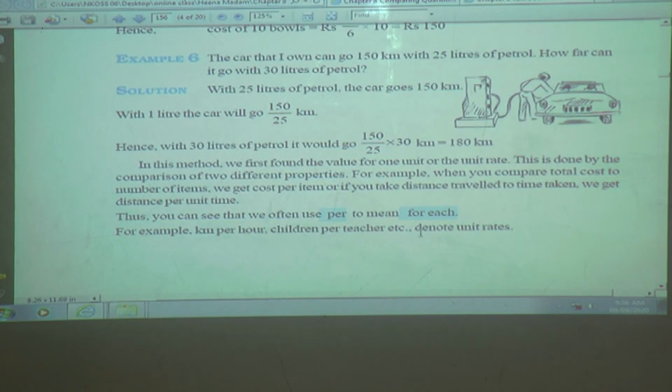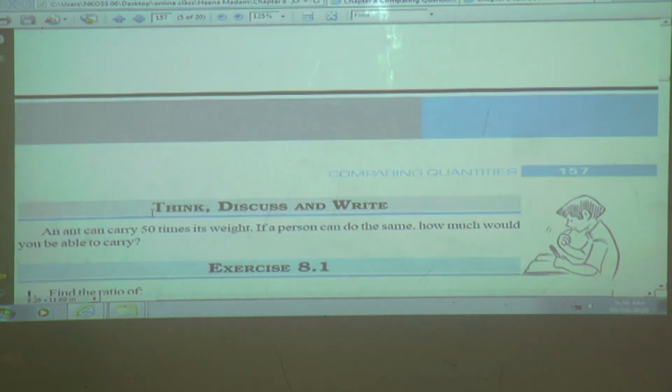Kilometer per hour we write as km per hour, and children per teacher is the number of children to 1 teacher. So per means for each. Each means 1 item, or 1 thing. So in this way we used the unitary method.